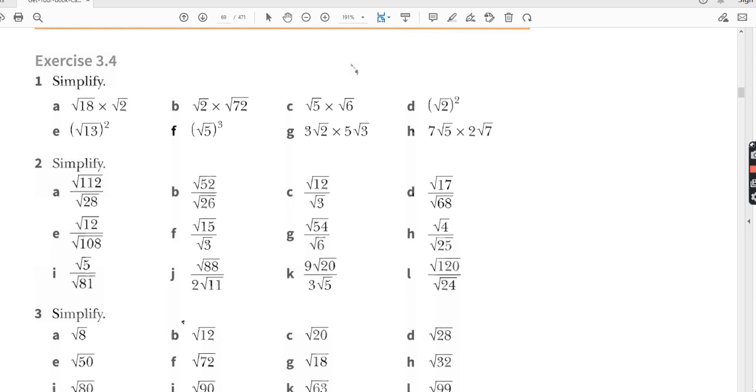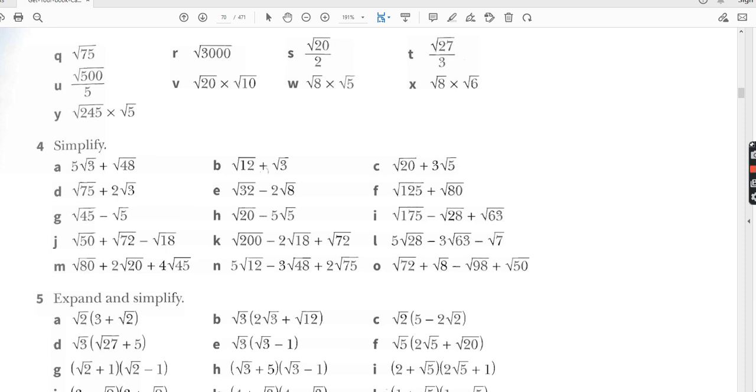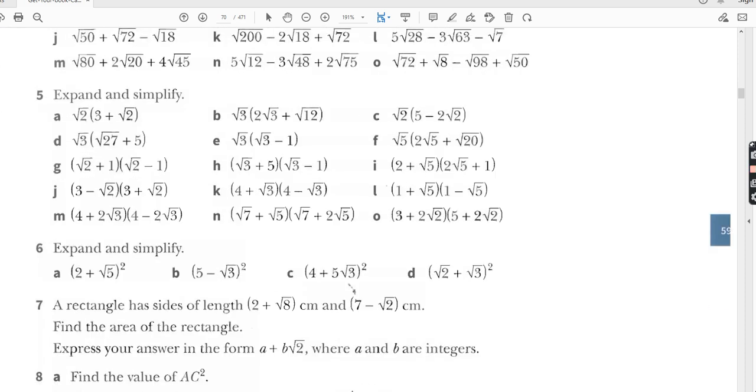If we calculate how many questions are in this exercise, you can see 8 parts in question number 1, 12 parts in question number 2, 25 parts in question number 3, 15 parts in question number 4, 15 parts in question number 5, and 4 parts in question number 6, and question numbers 7, 8 and 9, 3 questions.